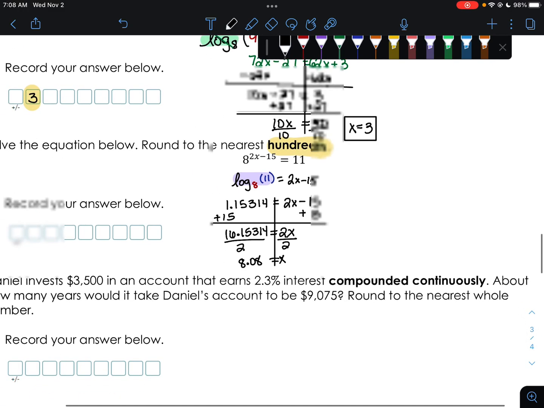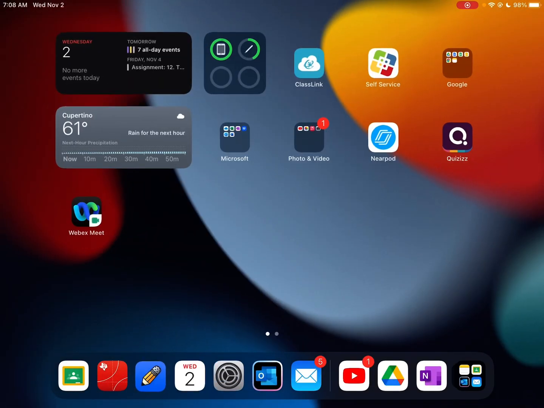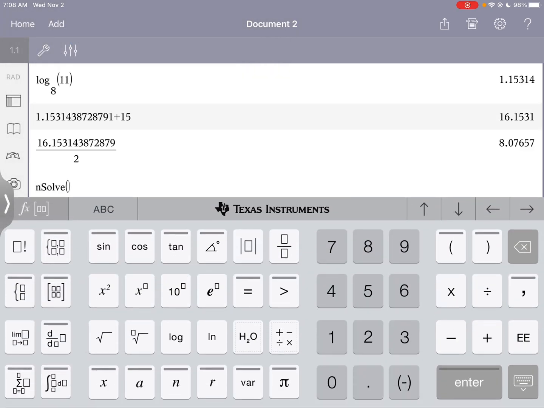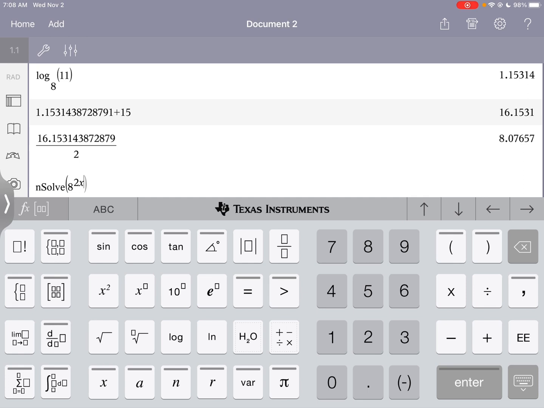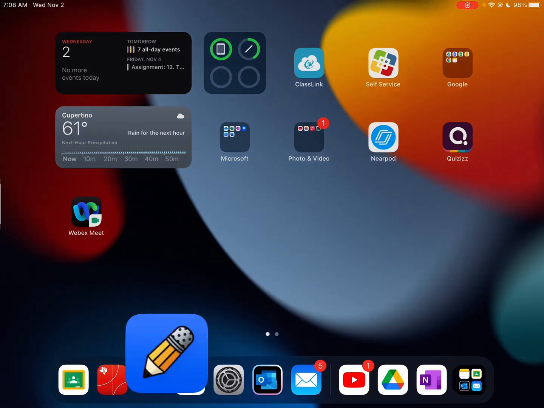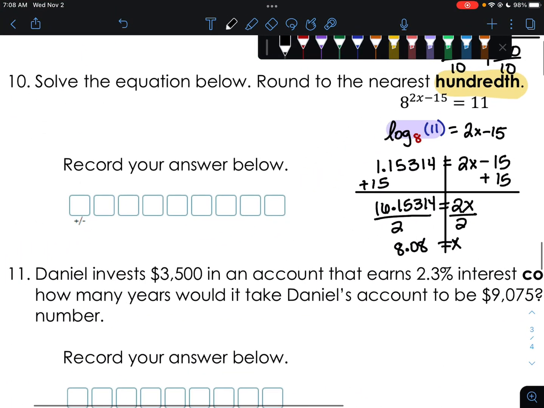Okay. So we can check this in our calculator. We go back, we do menu 3-1. We type it in exactly as it looked. 8 to the 2x minus 15 power equals 11 comma x. We get the same answer, so we did it correctly. So you just have to make sure you know how to round correctly.